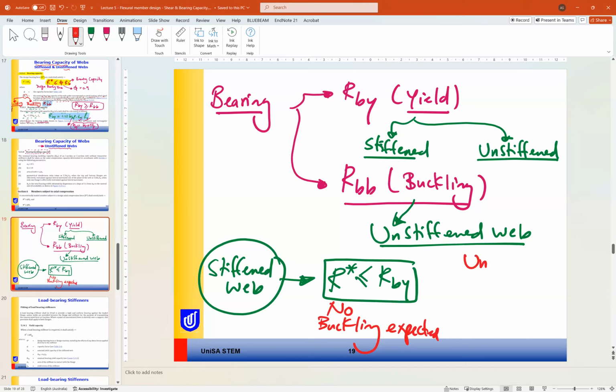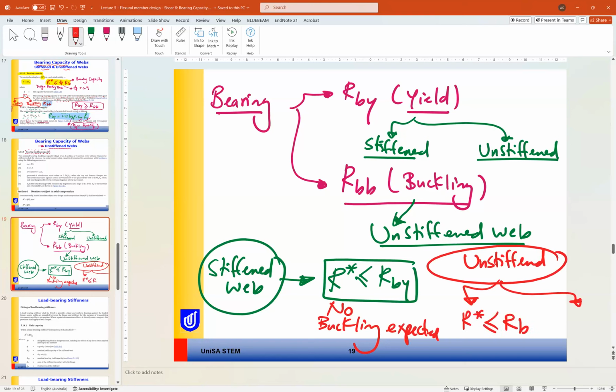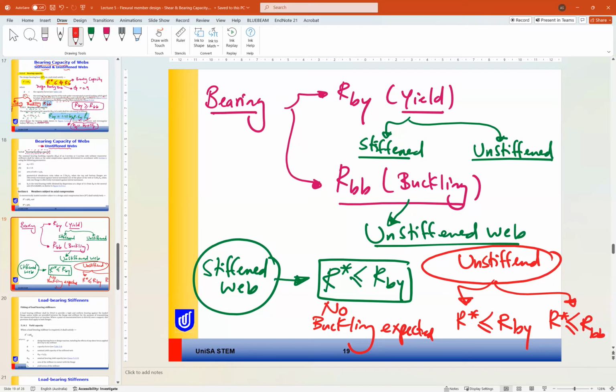But for unstiffened web, we should have two values, RBY and RBB. And don't forget phi, so we have phi RB, phi RBY, and phi RBB. So buckling can be calculated for unstiffened web, but not for stiffened web.